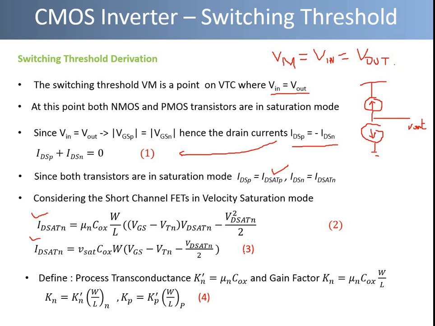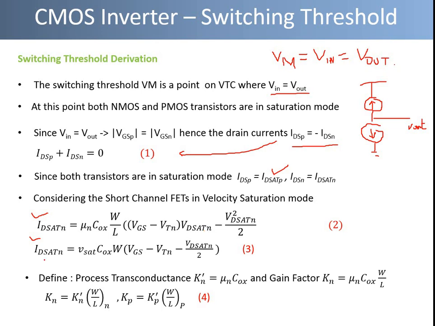either of these two equations, where mu n is the mobility of electrons, COX is the oxide capacitance, W and L denotes the width and length of the transistor, VGS is the gate to source voltage, VTN is the threshold voltage, and VDSAT n is the value of drain to source voltage at which velocity saturation takes place.